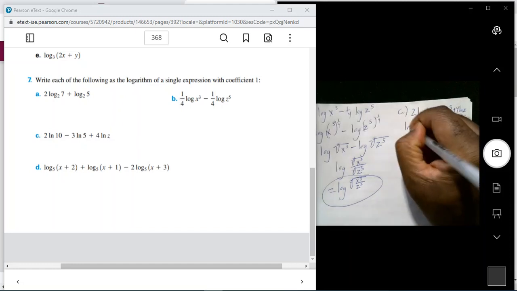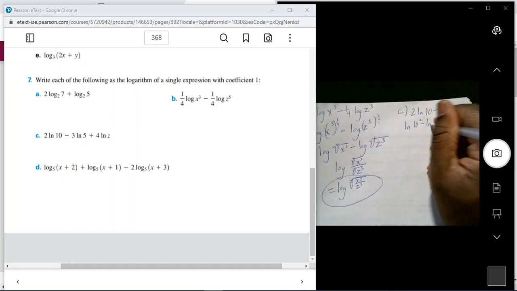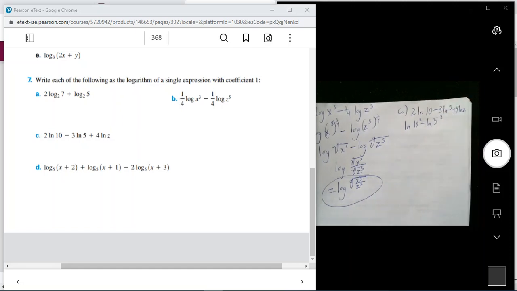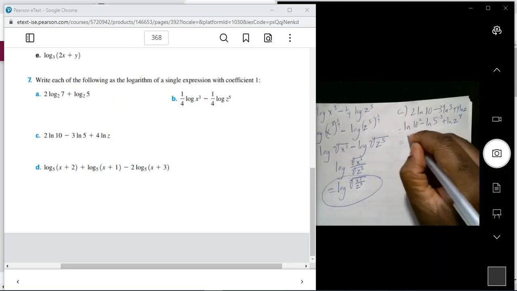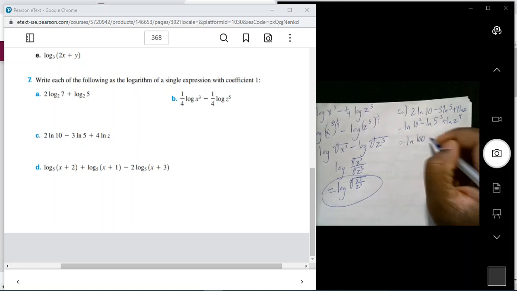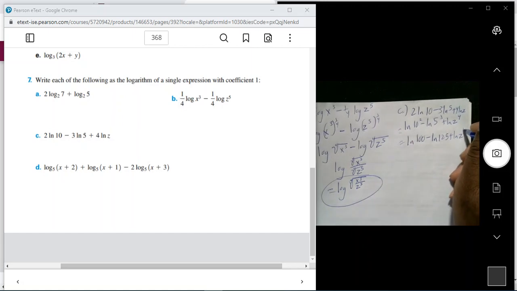So this would be the natural log of 10 squared minus the natural log of 5 cubed plus the natural log of z to the 4th power. So this will give us the natural log of 100 minus the natural log of 125 plus the natural log of z to the 4th power.